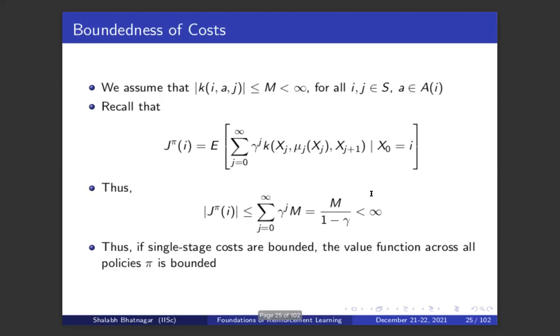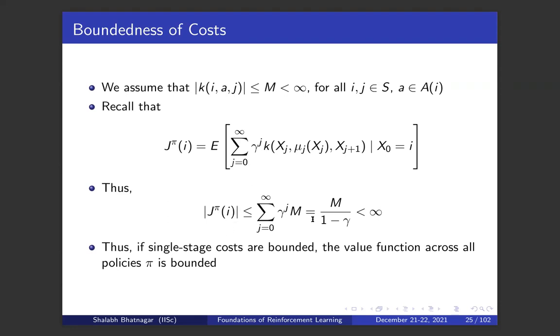Now it turns out that we need gamma in order to ensure that these costs are bounded. So, for instance, if you assume that the single stage costs are all bounded by some number capital M, you can see that this J pi of I would be upper bounded by M by 1 minus gamma, which is finite. Then it would really make sense to ask the question, what is the optimal policy?